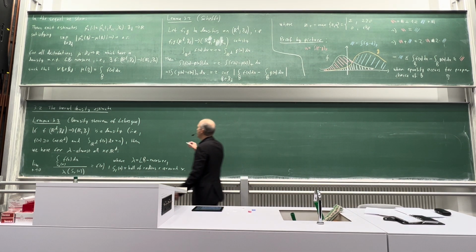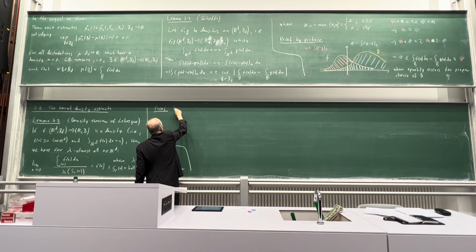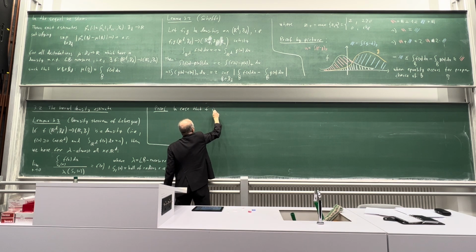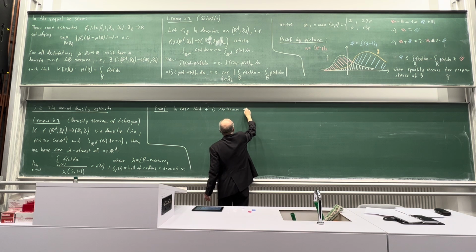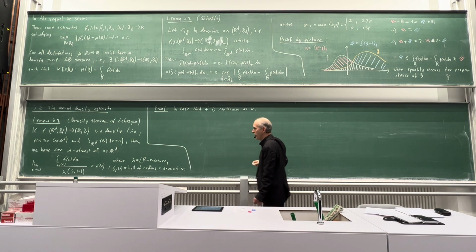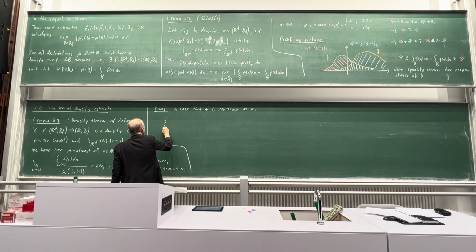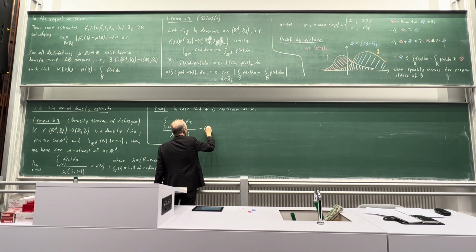For the proof, in case that f is continuous at x, you just look at the difference: the integral over S_r(x) of f(z) dz, divided by the Lebesgue measure of S_r(x), minus f(x).